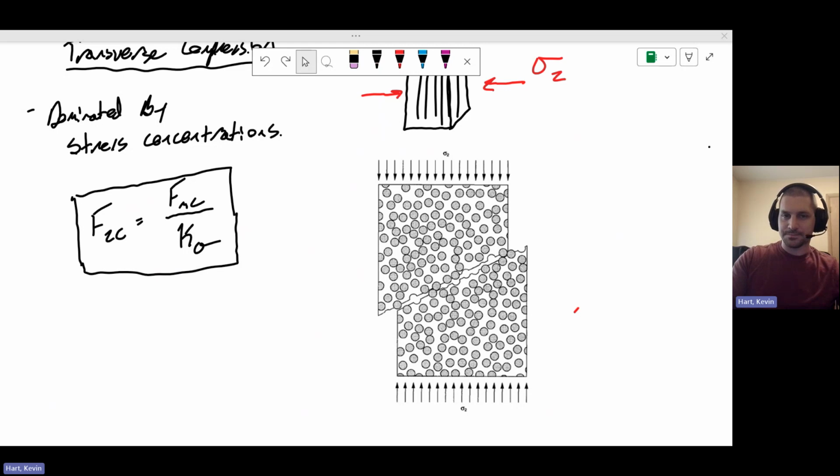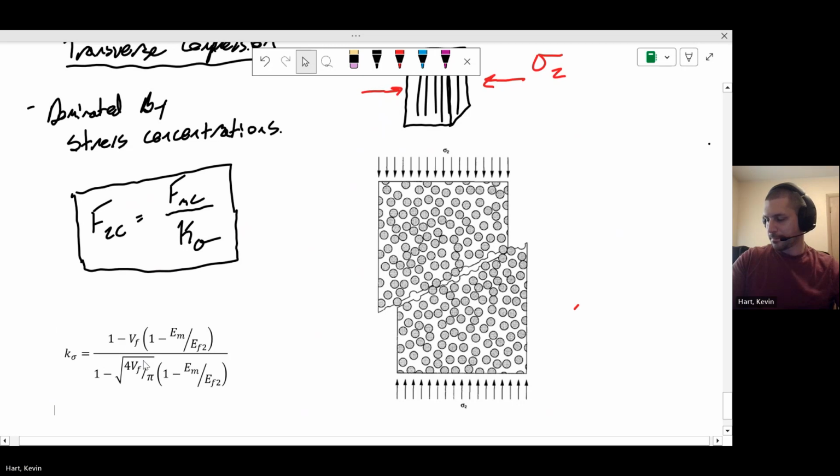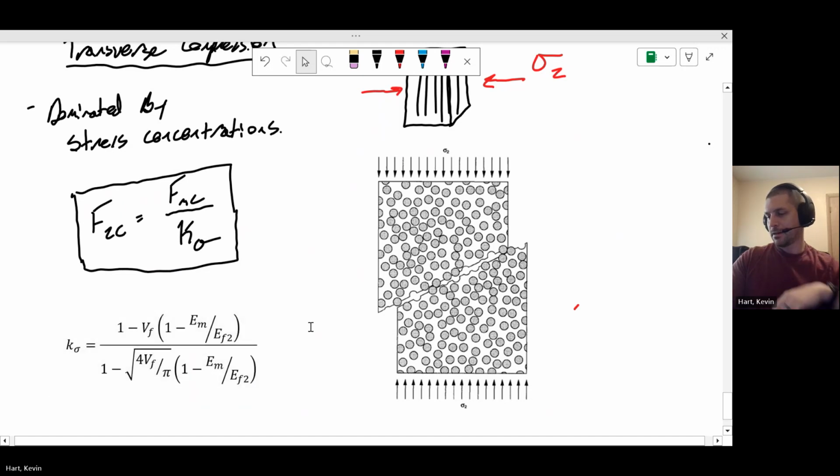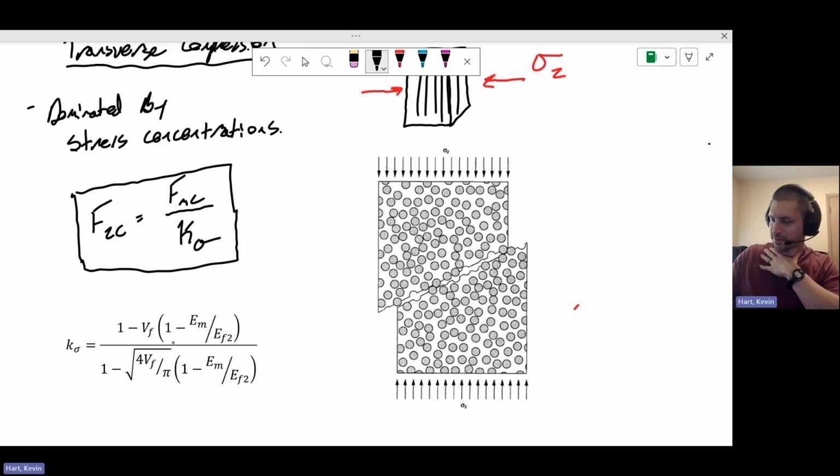Remember what K sigma is. Now this is a stress concentration factor. I will just pull it in here really quick. Looks a bit like that. It uses the properties of the matrix and properties of the fiber in the two direction. So there's your stress concentration factor.